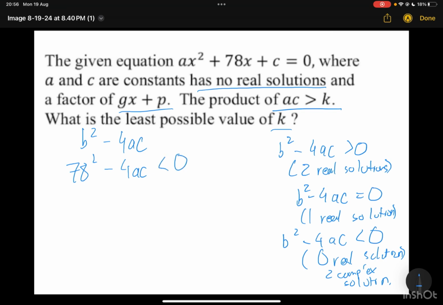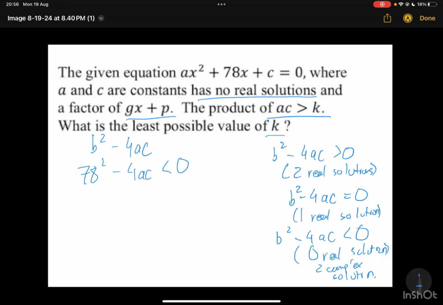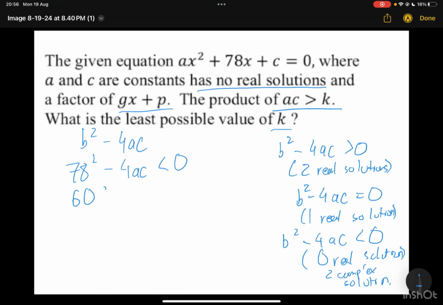So 78 squared is 6084, minus 4ac less than 0. 6084 is less than 4ac. Then ac is going to be greater than 1521.